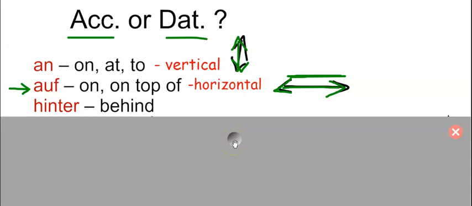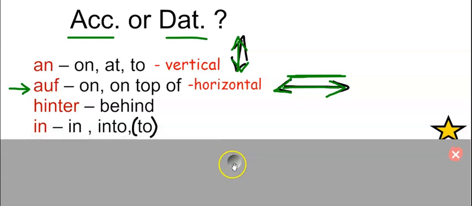Hinter means behind. In has two meanings because you can go into the room, like you're going into the room. You're not in the room yet. But now you are in the room.